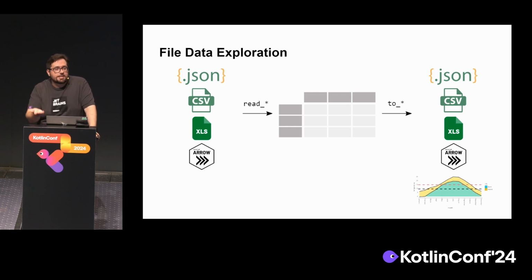You can also export this data to different file formats, or if you're not a big fan of tabular data, you could build a chart, a histogram, or a pie chart. It's also available with the help of the Kandy library.